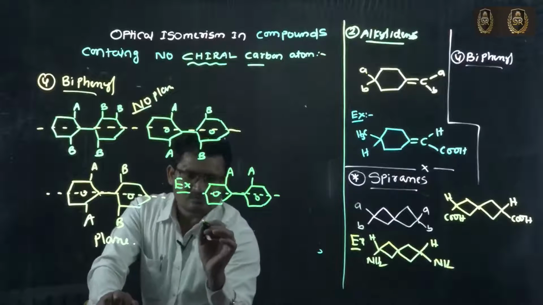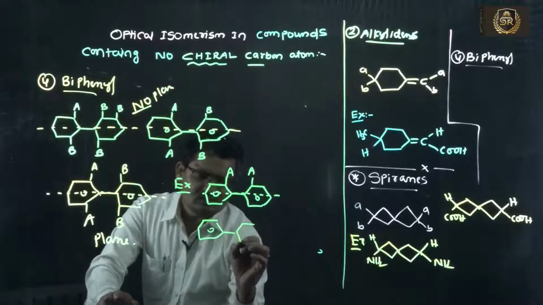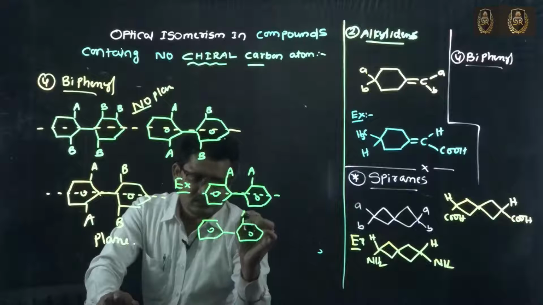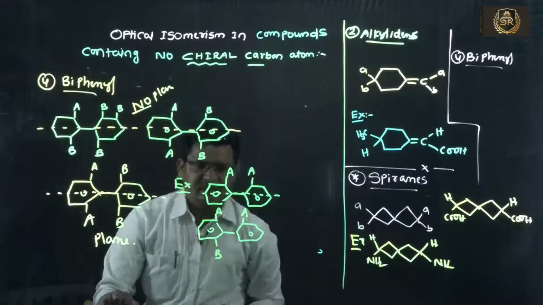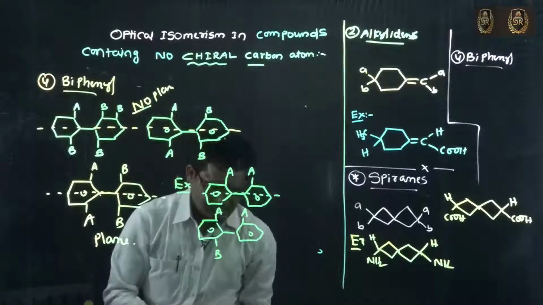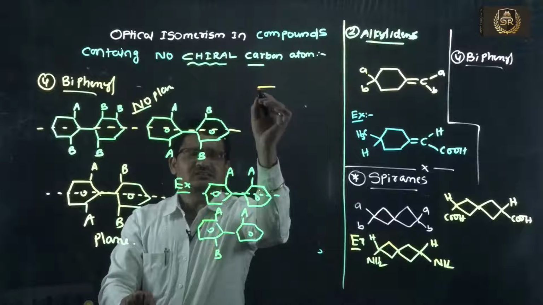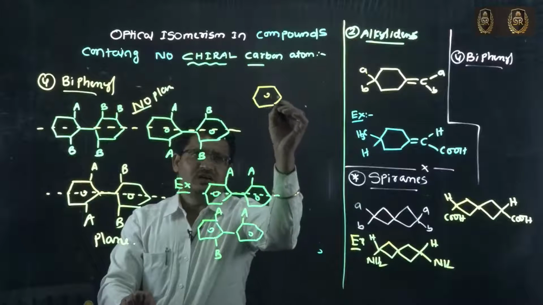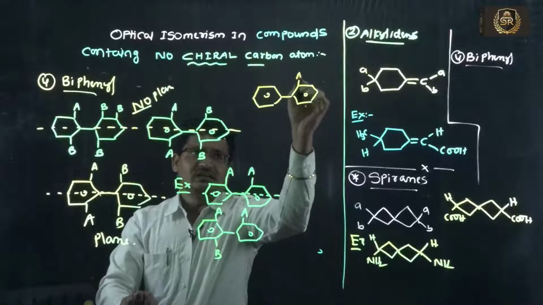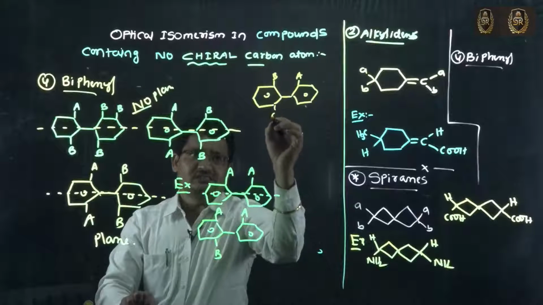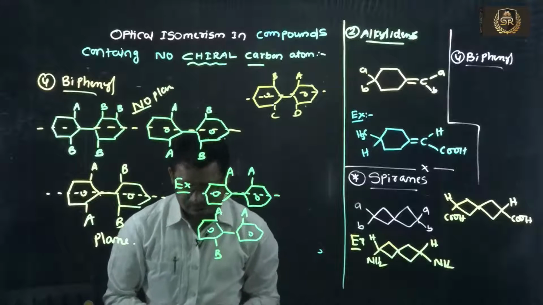Next, another example like this, this is biphenyl, two phenyls, this side A and this side B, it is also no plane of symmetry. Next example: this is one of the phenyl groups and this is another phenyl group, this side A, this side B, this side C, this side E, it is also no plane of symmetry.